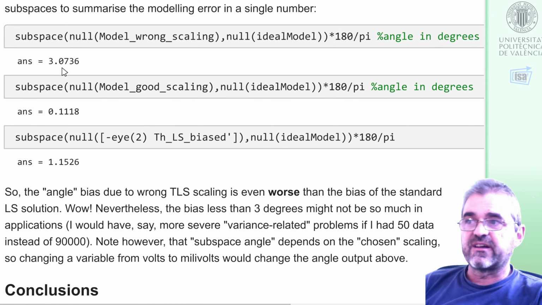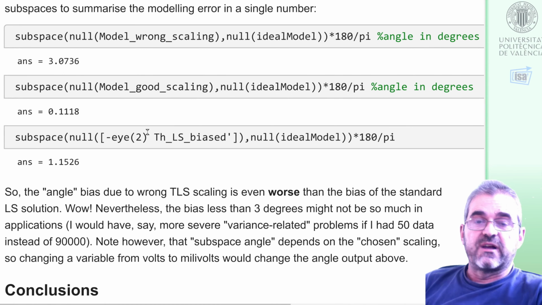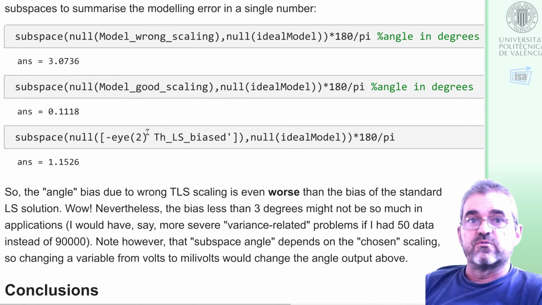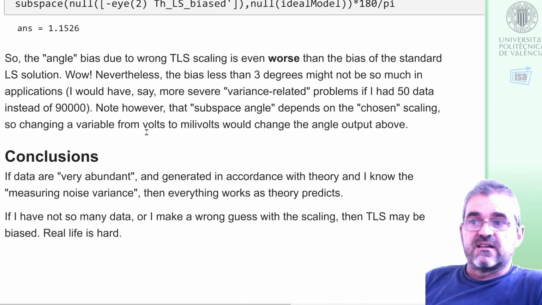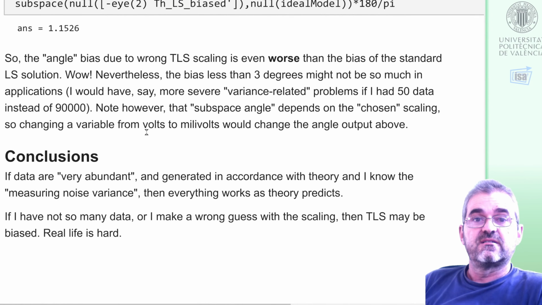Whether 3 degrees of error versus 1 degree of error is important or not, well, it may depend on my applications, on the precision requirements, and perhaps I should use some sort of validation data set. But to conclude, if data are abundant and generated in accordance with the theory, and they know the measurement noise variance, then total least squares works as theory predicts.